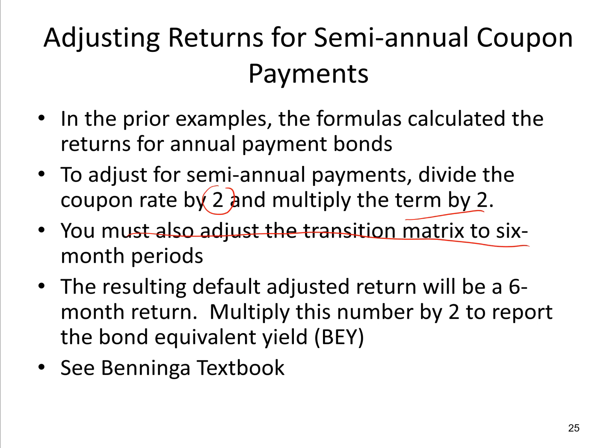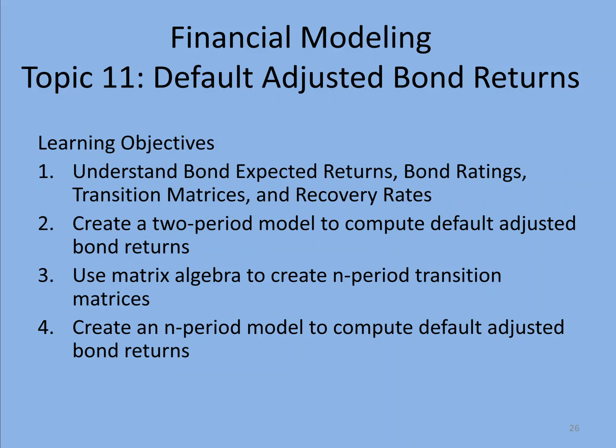And then we calculate the expected return based on these 6-month periods. And when we're done, we have to multiply that IRR by 2 to get to YTM. If you want to see exactly how to do that, you can see it in the Benninga textbook. However, we'll just use the annual payment bond model for this course.